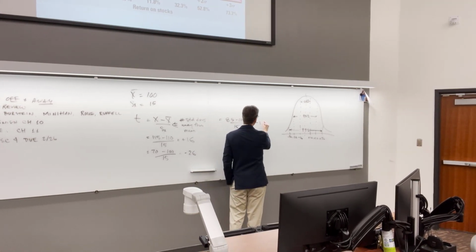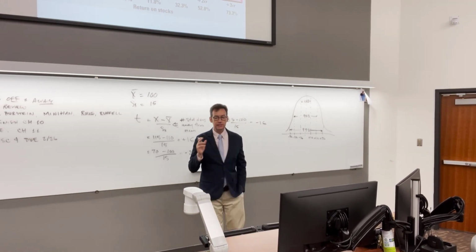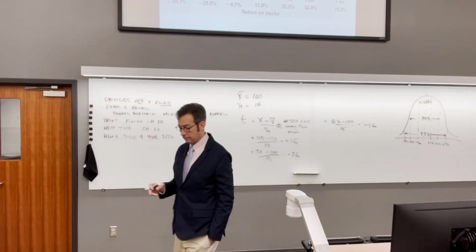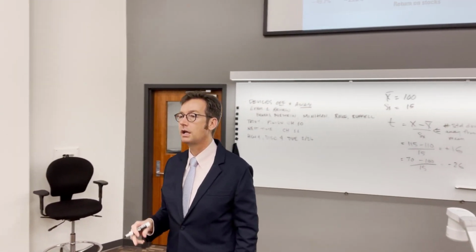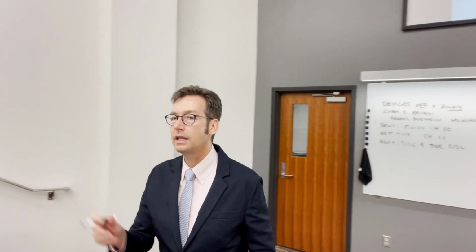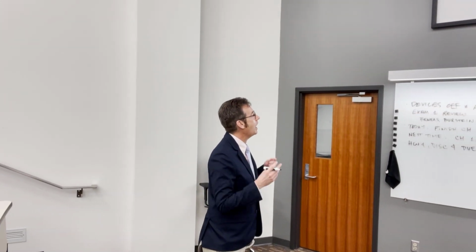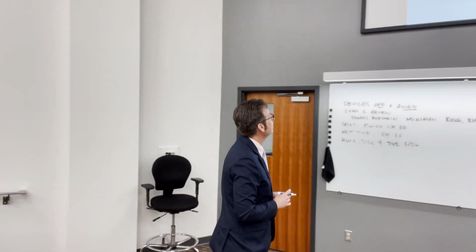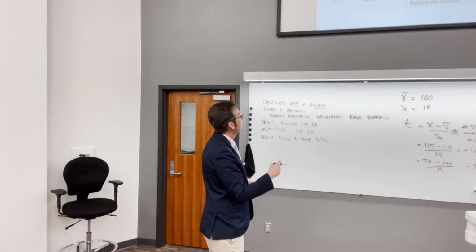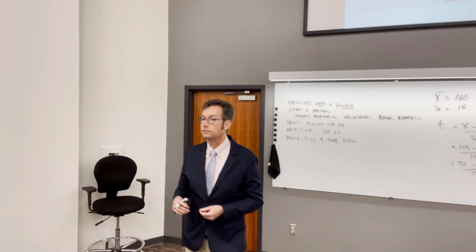Minus 1. Yeah, minus 1 standard deviation. Now, notice I said not higher than. What's another interpretation of not higher than? Is less than. And so what are we actually looking at? We're going to look at over here to the left-hand side of that minus 1 standard deviation. So, how would I figure out what percentage of the population is below minus 1 standard deviation? Any ideas?